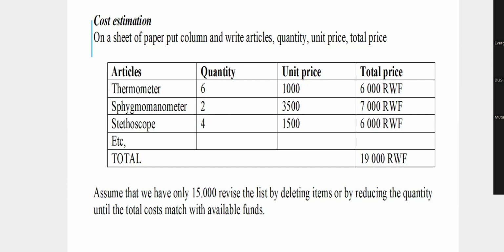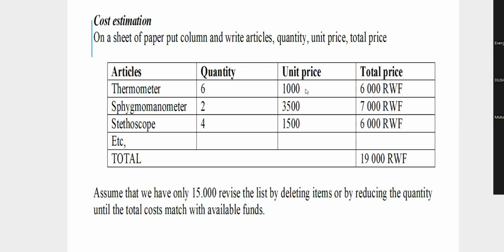For example, if you want to make the cost estimation, you can put thermometers, which is an article. Sphygmomanometer, that is the manual blood pressure device. Stethoscope, you know it, I think. And then the quantity and the unit prices.